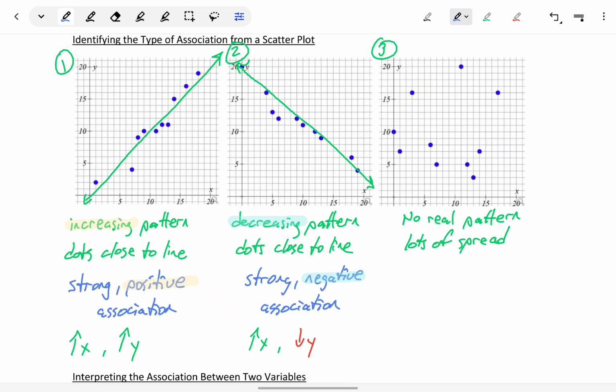And then for graph 3, where there's no real pattern, we would say this is a case where there's no association, meaning there's no visible relationship between x and y.